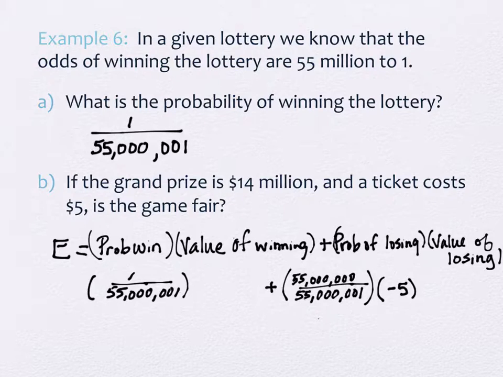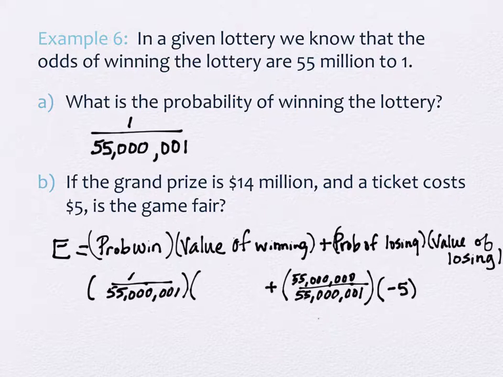Okay, so you do win 14 million, but it cost you $5 to play, right? So you've somehow got to make amends for that $5. So what would you have to do? Yeah, you'd have to subtract, right? So you'd have your 14 million minus 5.